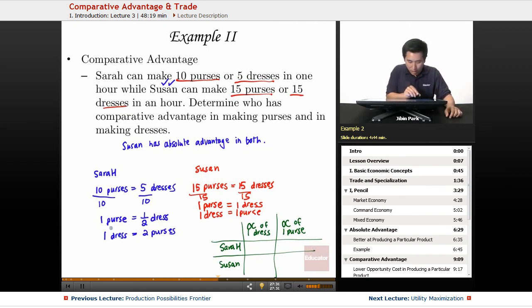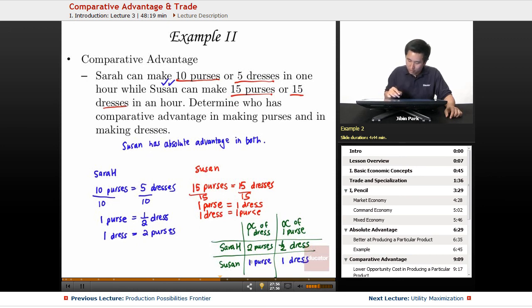For Sarah, the opportunity cost of 1 purse is half of a dress, and the opportunity cost of 1 dress would equal 2 purses. For Susan, the opportunity cost of 1 dress equals 1 purse, and the opportunity cost of 1 purse equals 1 dress.